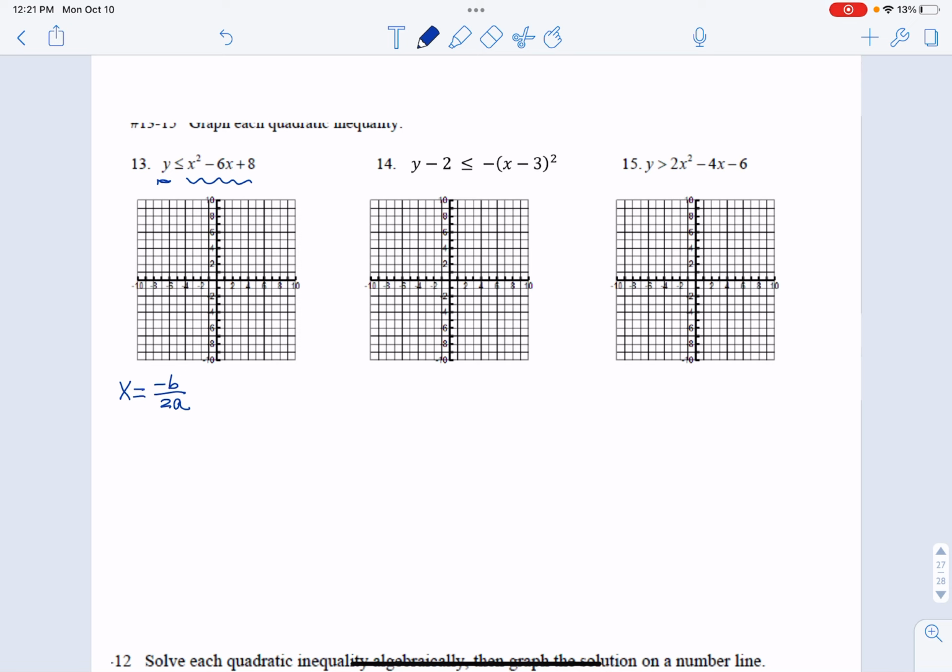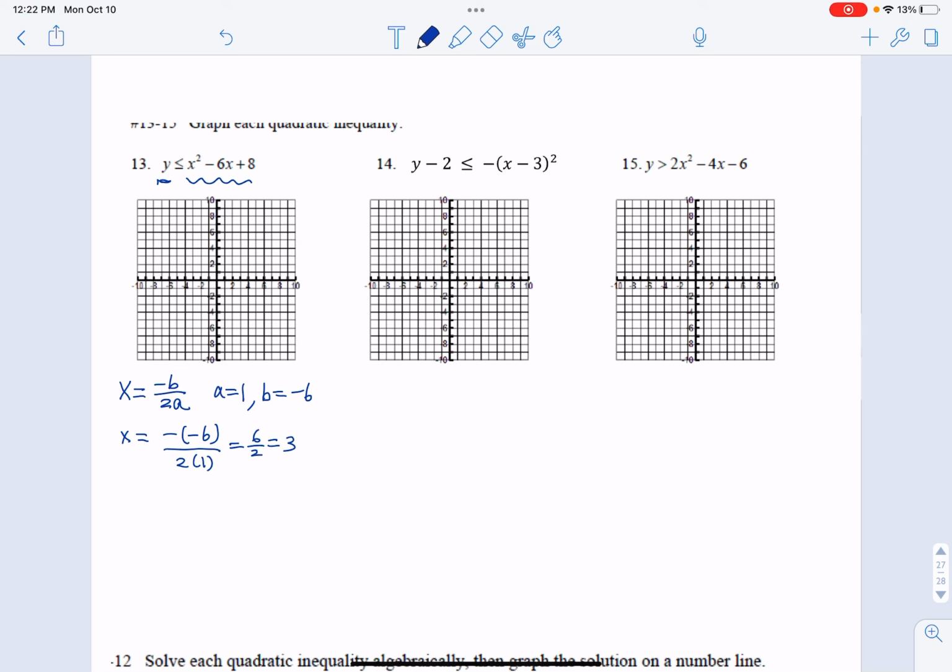Use this formula to find the vertex, and we're going to graph it. So a value here will be 1 since it's 1x squared, and b value will be negative 6. Plug it in. x equal to negative b over 2a equals 6 over 2, which means 3.